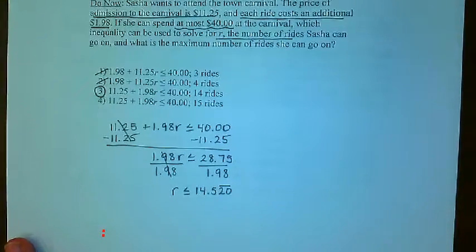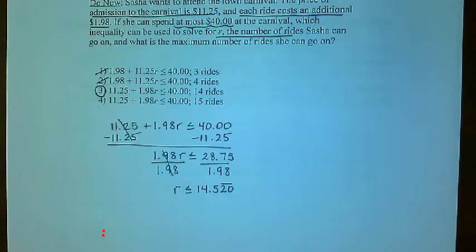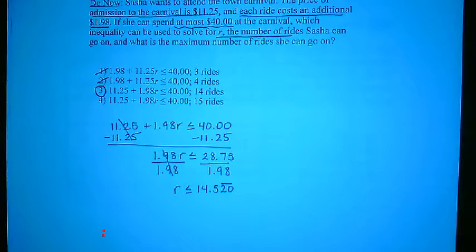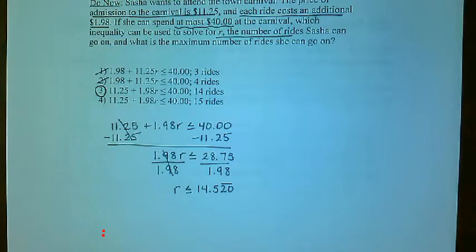So here's all the work that I did to solve for R. Now R is less than or equal to 14.520 repeating. But that's not an answer, right? Because you're not going to go to an amusement park and they're going to say, oh yeah, I guess you can go on one more time.